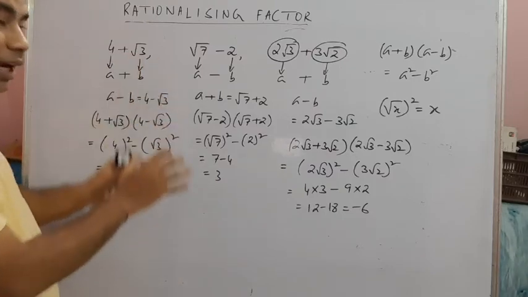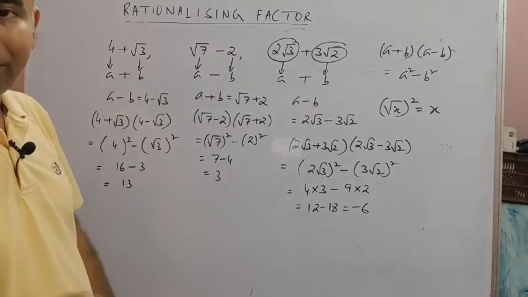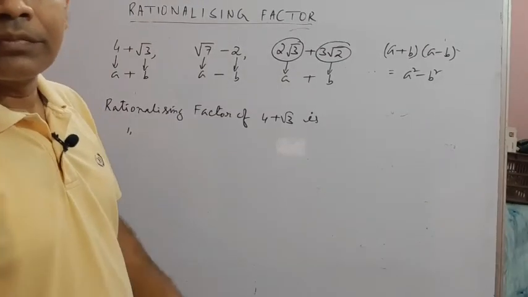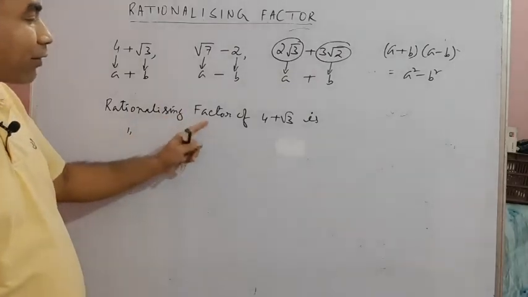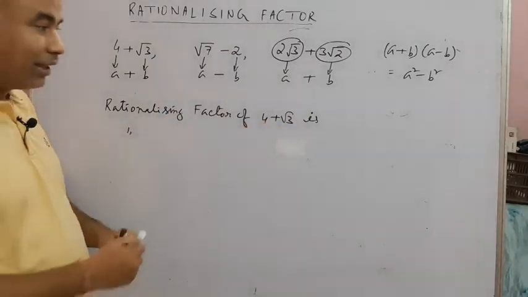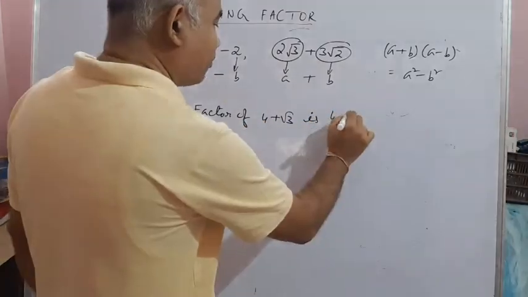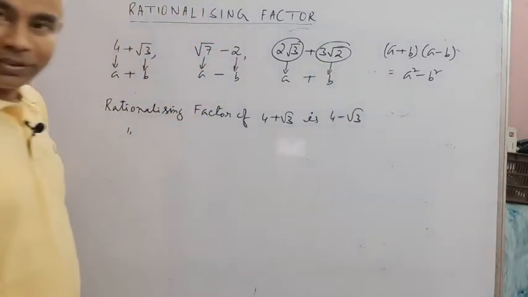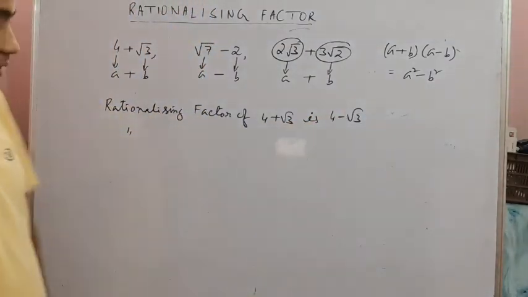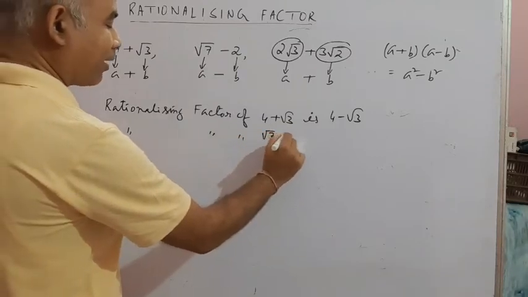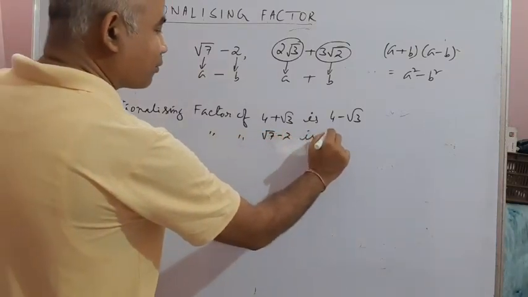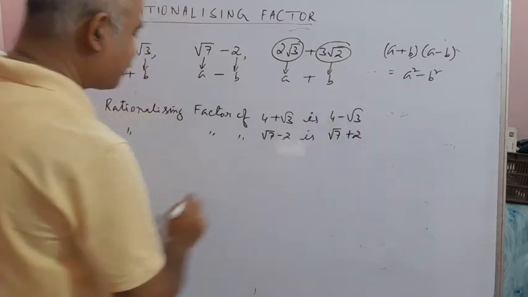That means what we can conclude, let me write here. So ultimately I can conclude like this, that the rationalizing factor of 4 plus root 3 is 4 minus root 3. Rationalizing factor of root 7 minus 2 is root 7 plus 2.